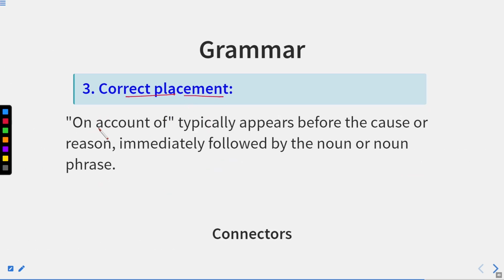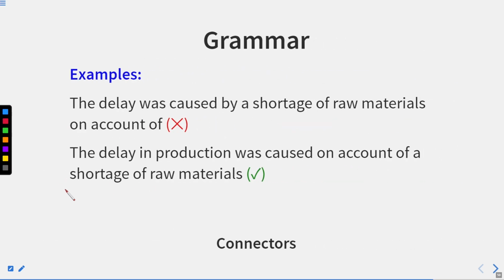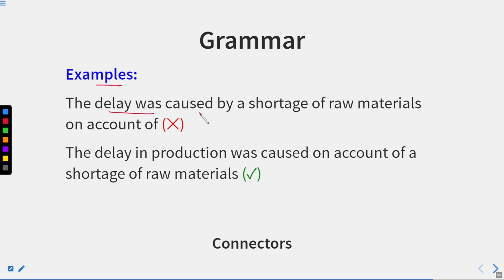Correct placement. On account of typically appears before the cause or the reason, immediately followed by a noun or the noun phrase. For example, the delay was caused by a shortage of raw materials on account of. Now, this will be the incorrect sentence. Why so? Because here we are using on account of at the end of the sentence, which cannot happen at all.